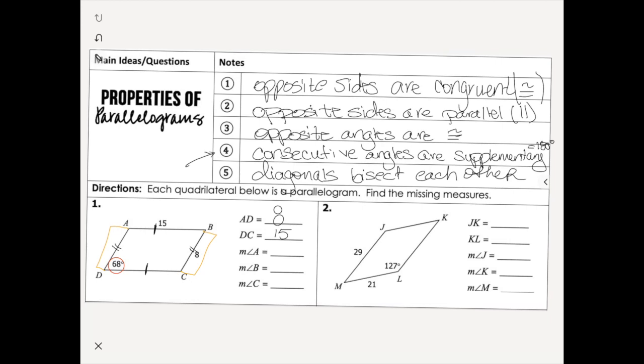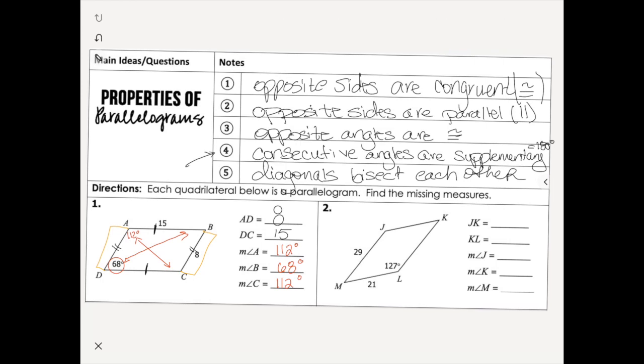So if you subtract 68 from 180, you're going to see that A is 112. The third property says that opposite angles are congruent, which means angle D is congruent to angle B, and angle C is congruent to angle A. So that means angle B is 68 degrees and angle C is also 112 degrees.